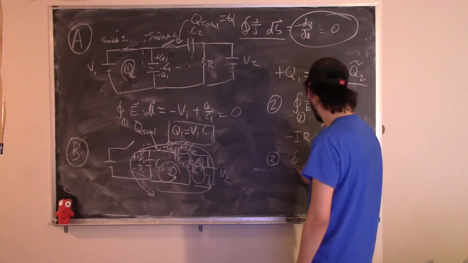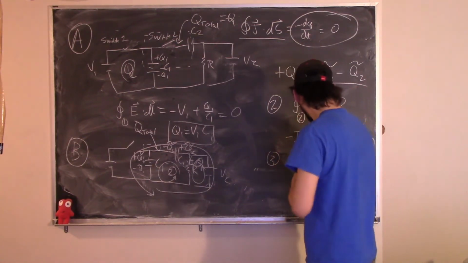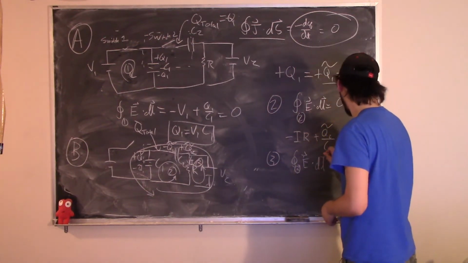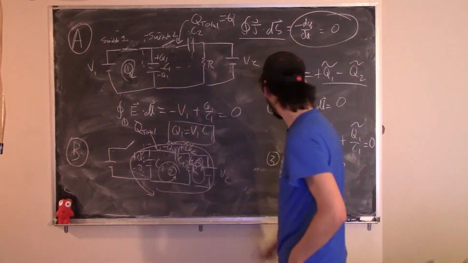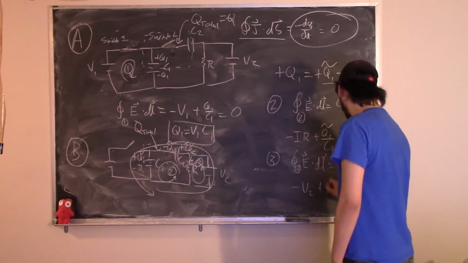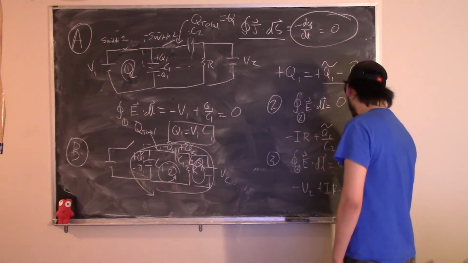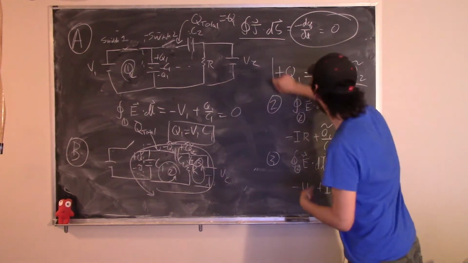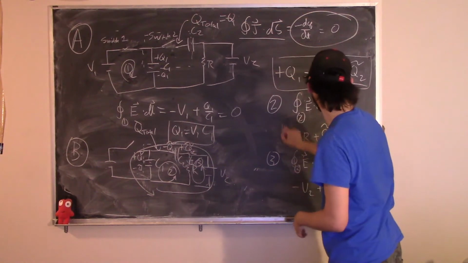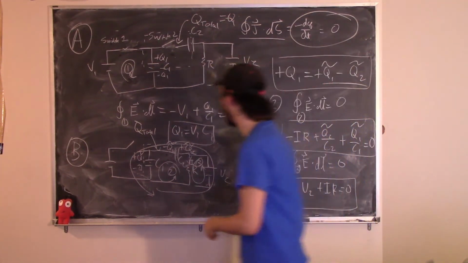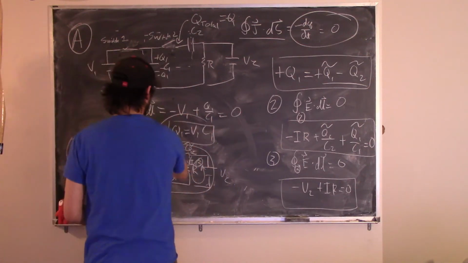It only has two components here, so this is loop 3. The integral around loop 3 of E vector dot dl is equal to 0. This is going to give me a minus V2 plus I times R is equal to 0. And if I look at this system, I have one equation, two equations, three equations, and where's my fourth equation? 4 equations.